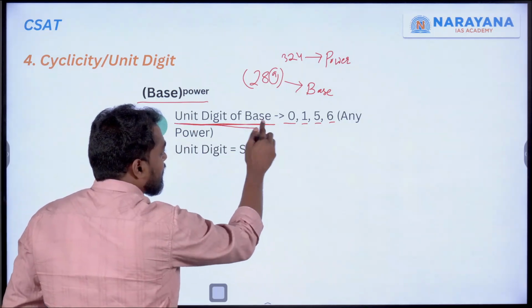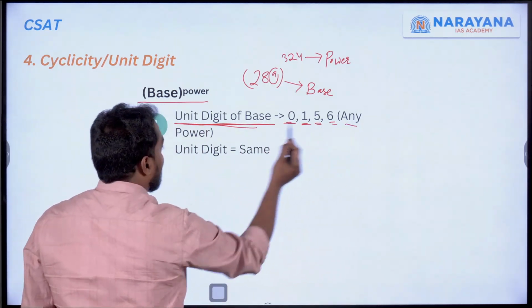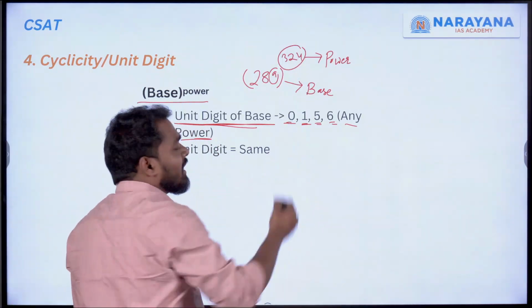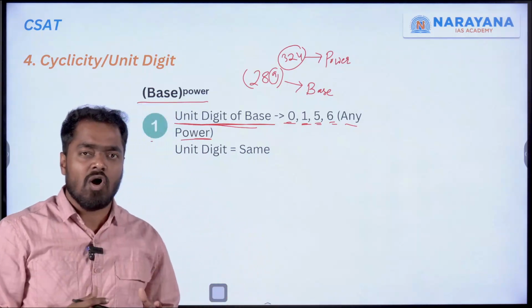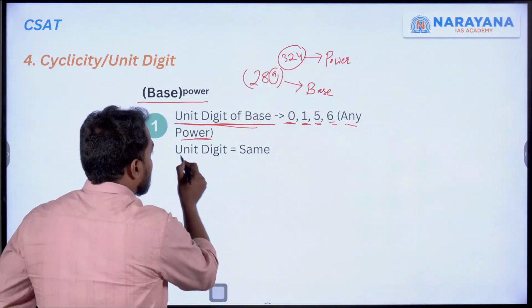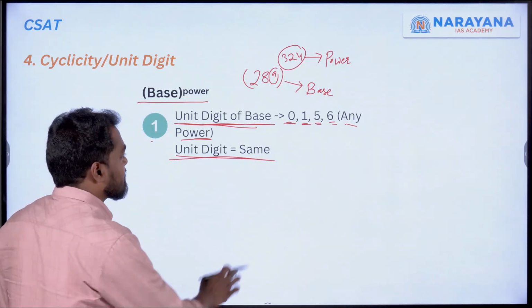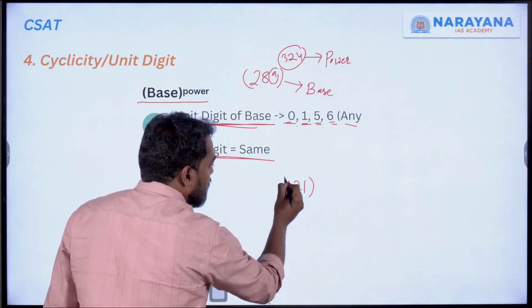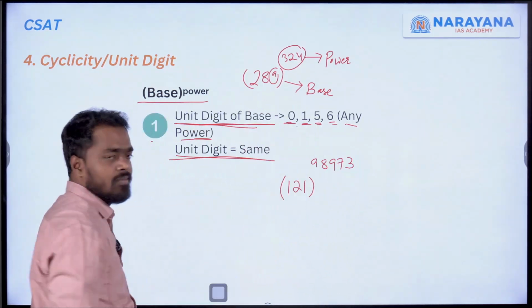If the unit digit of the base is 0, 1, 5, 6, let it contain any power. The power can be anything, like 120, 900, whether it is odd number, even number, anything, then the unit digit will be the same. For example, let's take 121 to the power 98973.